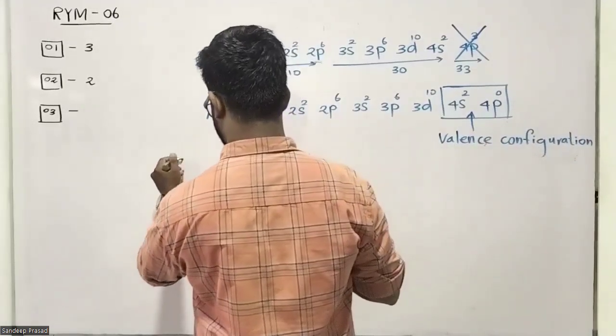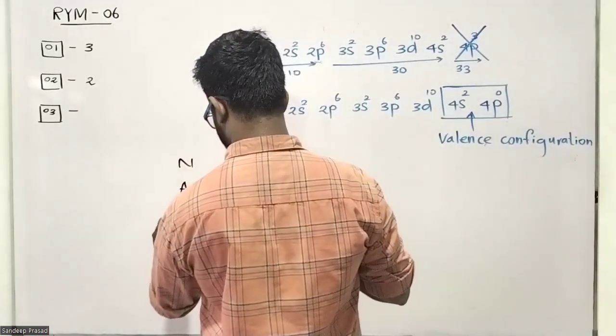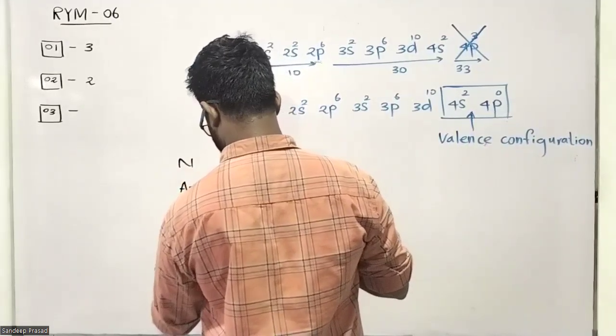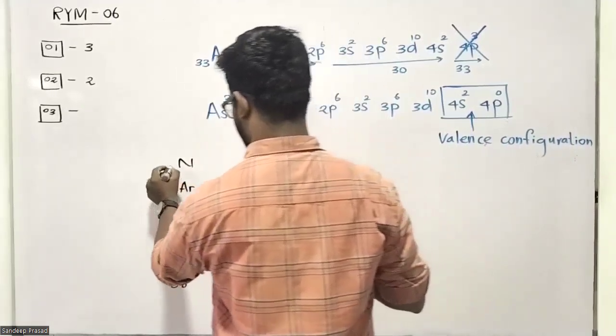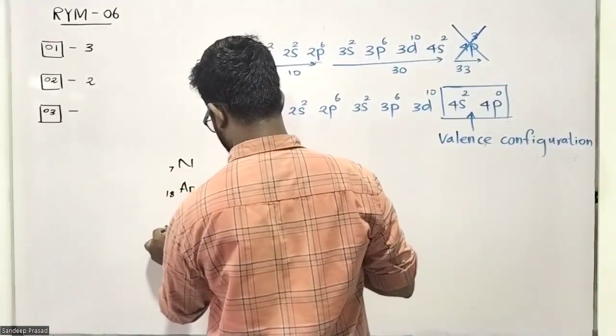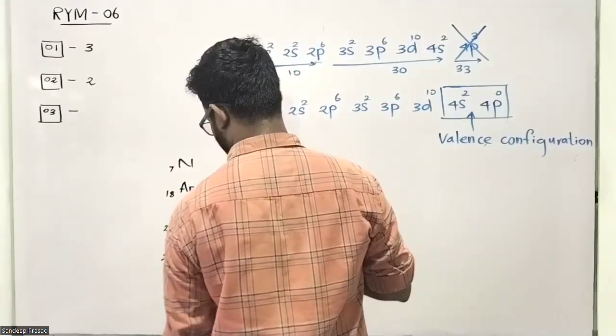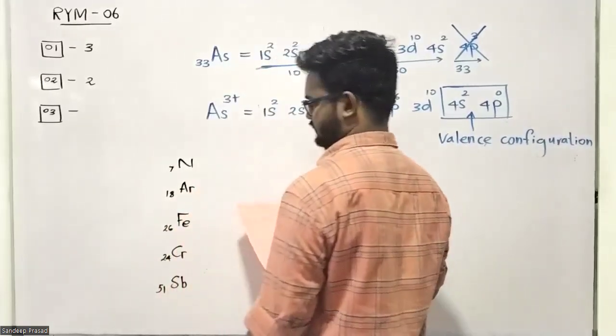They have given nitrogen, then argon, iron, chromium, antimony. So nitrogen is 7, argon 18, iron is 26, chromium is 24, antimony is 51.